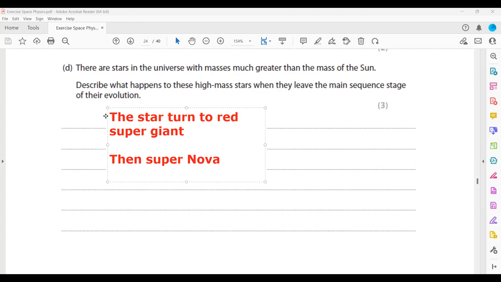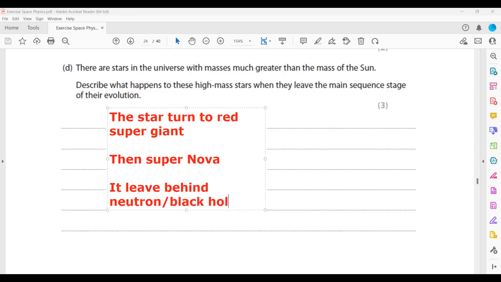And from the supernova, it leaves behind the neutron star and the black hole. So this is the cycle of the star which you have to remember for the high mass star.